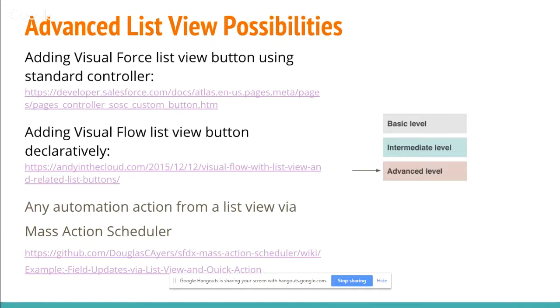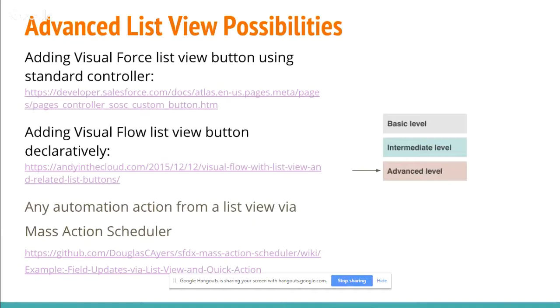It's called Mass Action Scheduler. And here's the deal. You can define any list view and any report and schedule that any items in the report or the list view get submitted to any declarative action in your org.